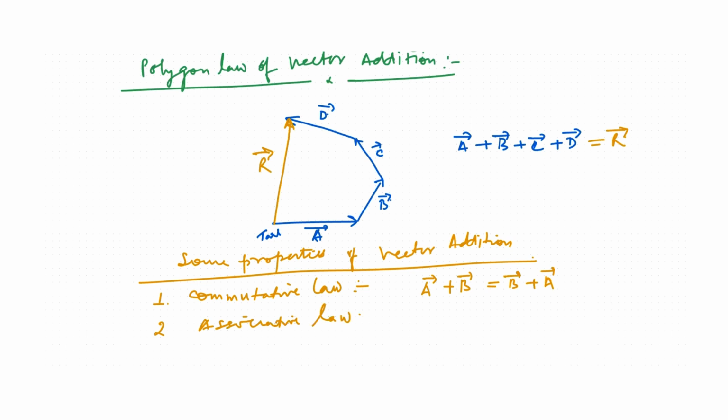A plus (B plus C) is equal to (A plus B) plus C. Simple. So both these laws are actually followed. They follow the associative law of vector addition as well as the commutative law of vector addition.